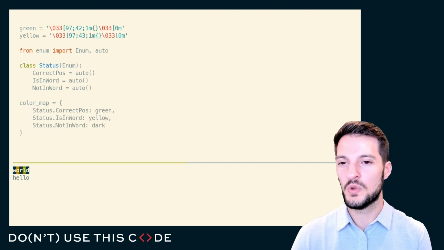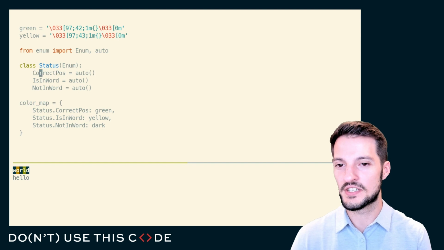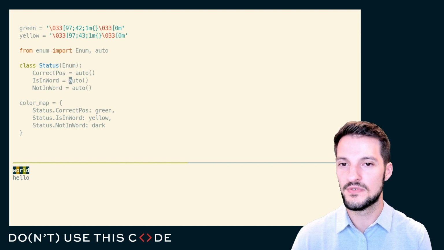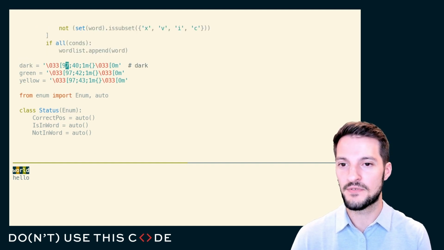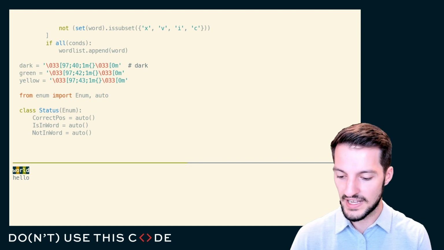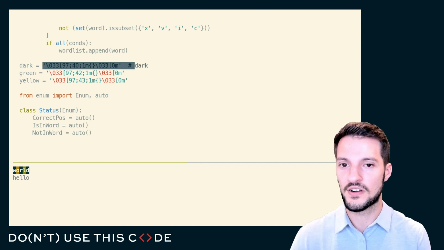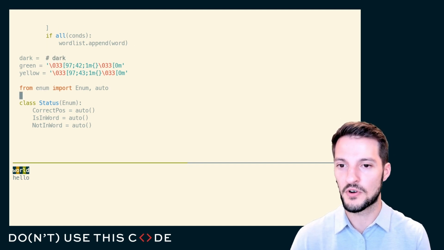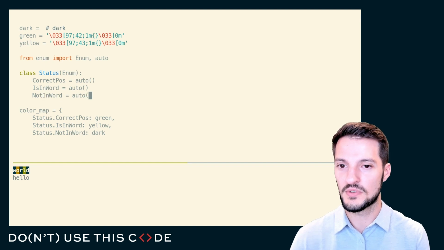Well, we can understand that this enumerable actually represents a mapping from some singleton into some value. And we can use that value as the value of our member. So dark was not in word.